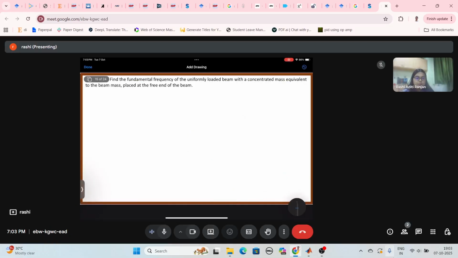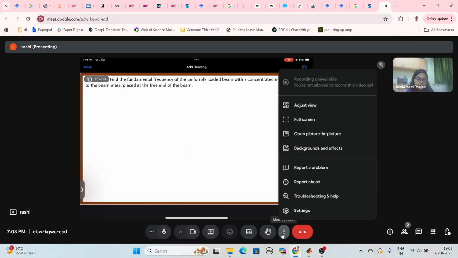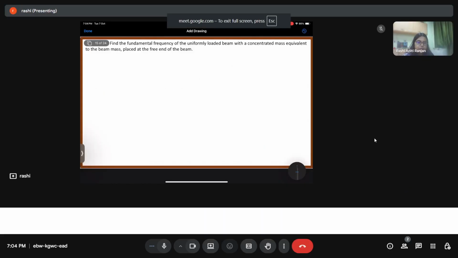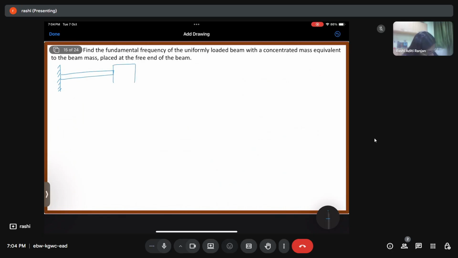Now, for this, just a second. Okay. So this is the question. Beam mass. This is also mass m. This is also mass m. We have to find the fundamental frequency for this, right? Now, if you remember from the concepts of strength of materials, you can evaluate the frequencies for two cases.